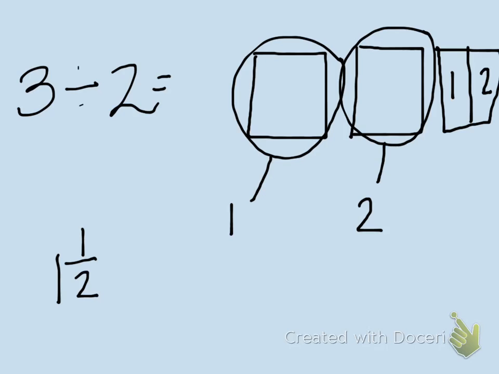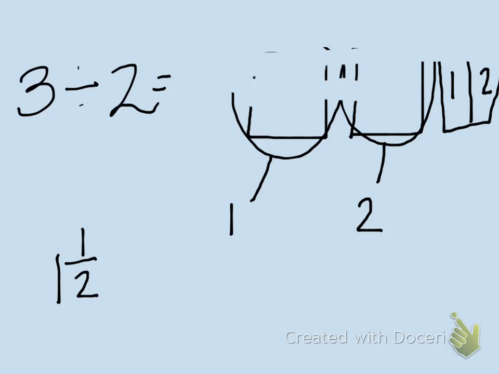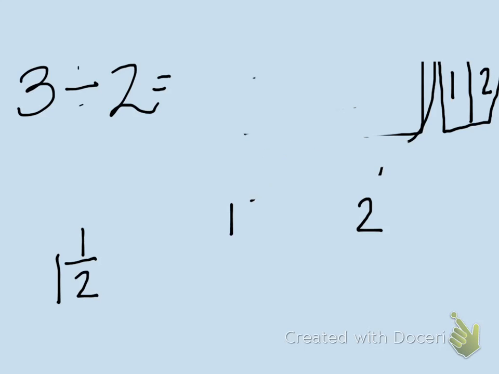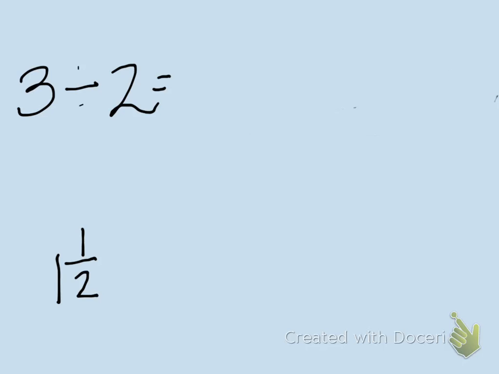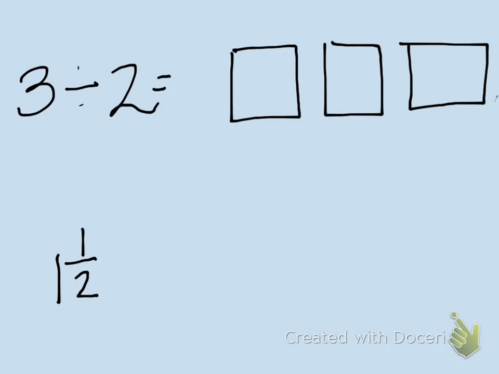I want you to think about this problem in a different way. So let's get rid of our model. And remember that we had 1 half in the way that we did it before. So I'm going to show my 3 crackers again. Okay, and in this case, I'm going to split them each in half because we're splitting it up between 2 people.